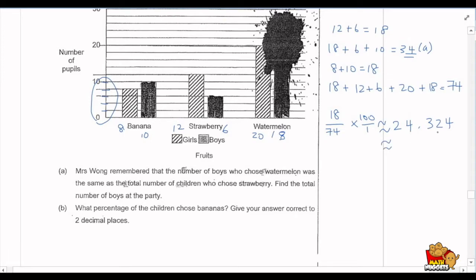So from there, I'll round off to 2 decimal places. Second decimal place is here. I check the third. So 4 is less than 5. Therefore, it remains 24.32%. This is the answer for part B.